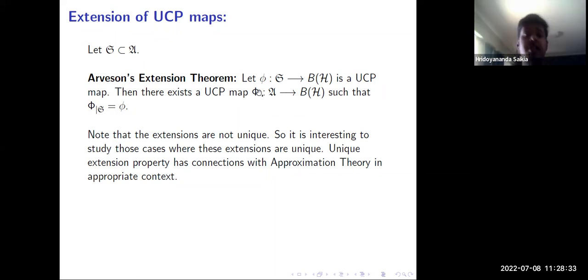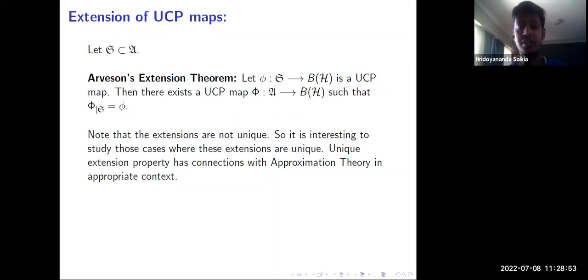Suppose I know now that every UCP map on an operator system can be extended to a UCP map on the embedded C-star algebra. The question is, can we extend this UCP map uniquely? The answer is no, not always.